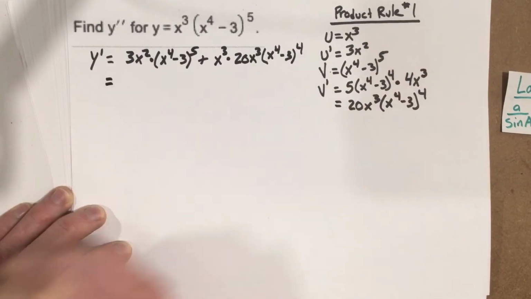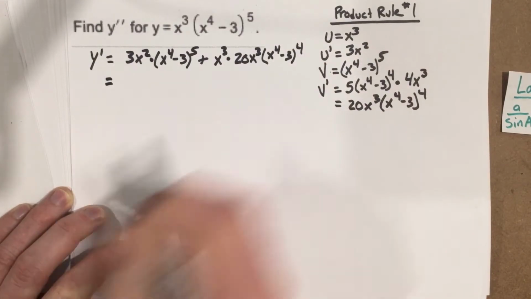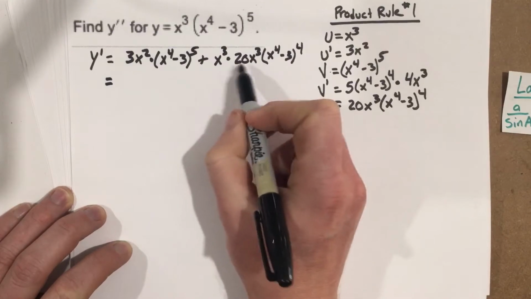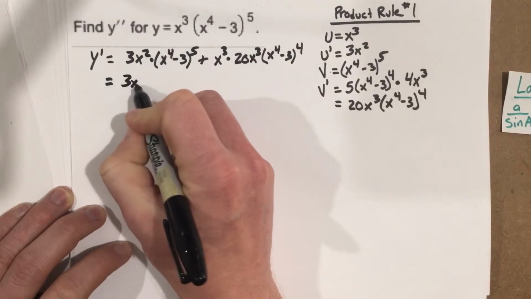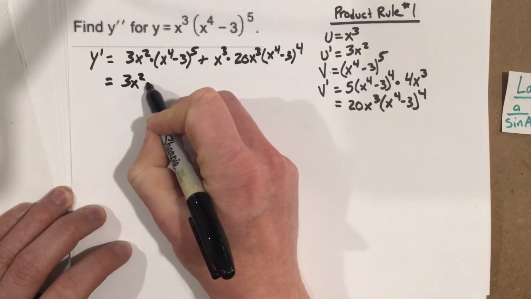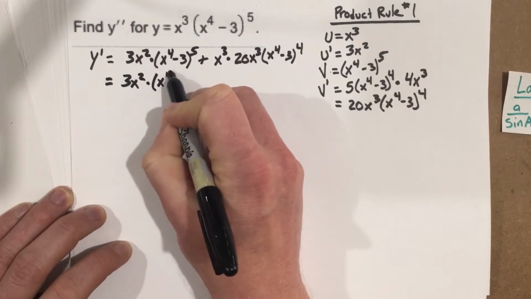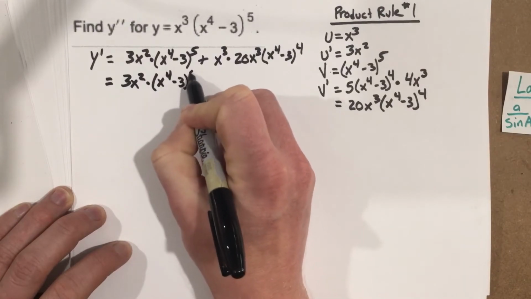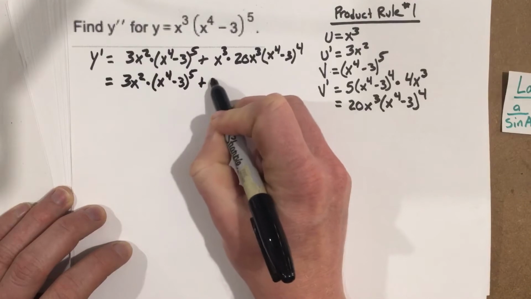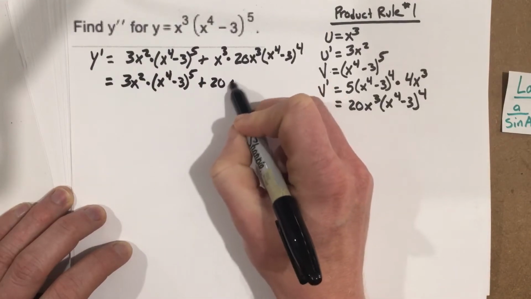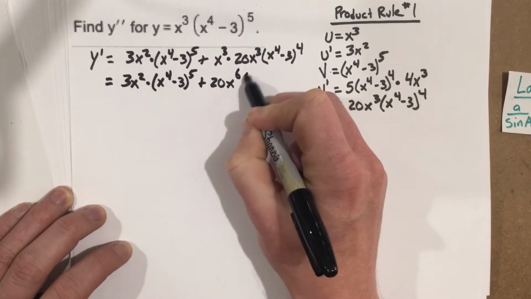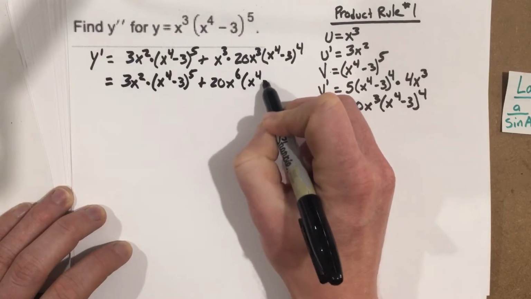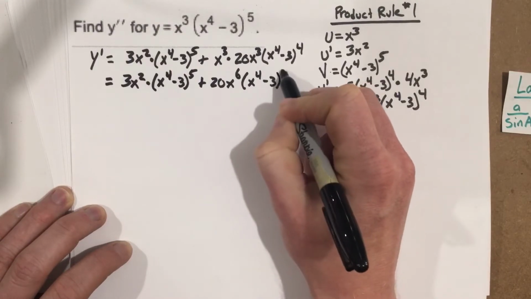Let's simplify that a little bit. We can combine like terms here, and that'll give us 3x squared times (x to the fourth minus 3) to the fifth power, plus this is 20x to the sixth times (x to the fourth minus 3) to the fourth.